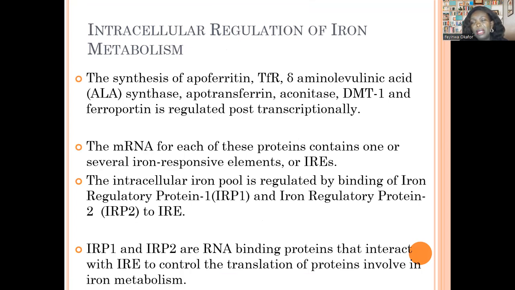Intracellular regulation of iron metabolism. Now, within the cell proper, the synthesis of iron regulatory proteins like apoferritin, which is ferritin without iron, transferrin receptor, delta-aminolevulinic acid synthase, aconitase, divalent metal transporter 1, and ferroportin is regulated post-transcriptionally.